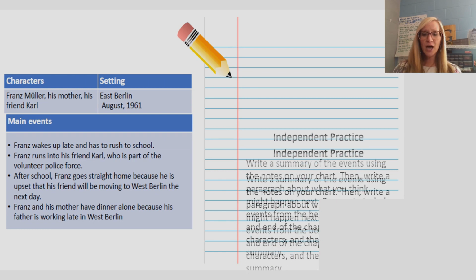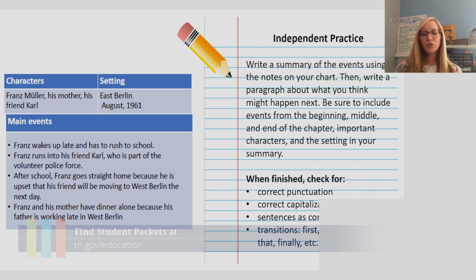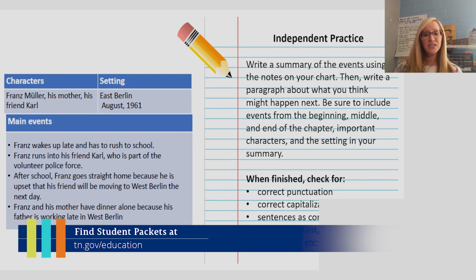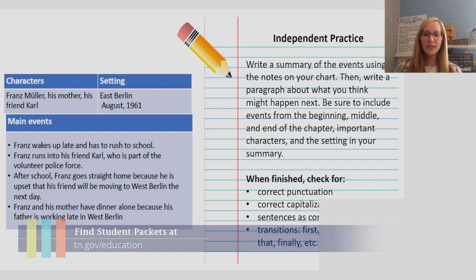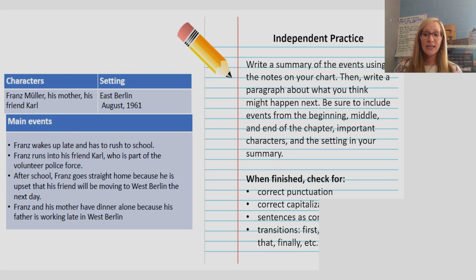So to capture your thoughts from chapter 1, I want you to write a summary of the events using the notes on your chart to the left. Then write a paragraph about what you think might happen next. Be sure to include events from the beginning, middle, and end of the chapter, important characters, and the setting in your summary.